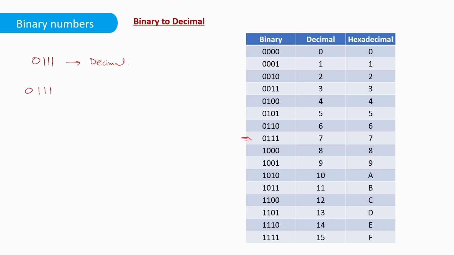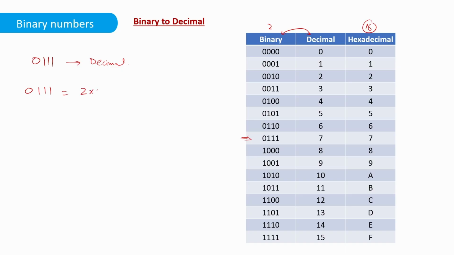0 1 1 1. This is equal to, we have to multiply each digit with the number 2. If we were converting it to hexadecimal, then we would multiply with 16. We already saw that in previous videos. Now we are converting from binary to decimal, so we will be multiplying each digit with 2.